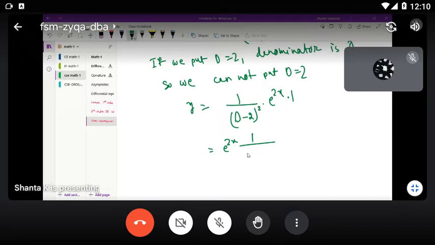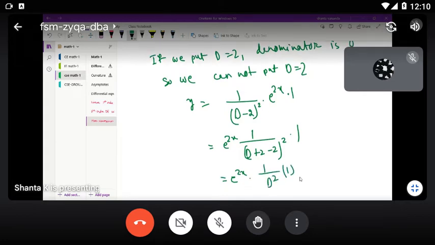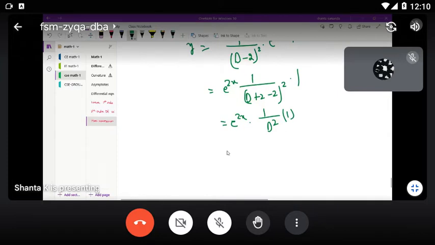So 1 by (D plus 2 minus 2) square of 1. Now e power 2x, and we have this 1 by D square of 1. So if you integrate 1 two times, we are getting x square by 2. Okay, so this is what we are getting.